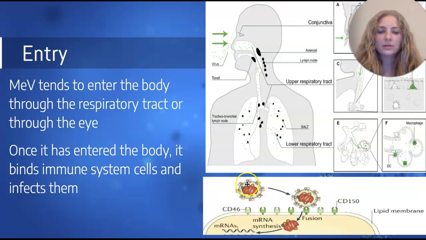This picture here shows the virus binding to the CD150 receptor, and then once it binds, the virus and the membrane of the cell sort of fuse, and the virus dumps its contents into the cell and infects the cell. And this picture here shows just the particles entering into the eye or entering into the respiratory tract.